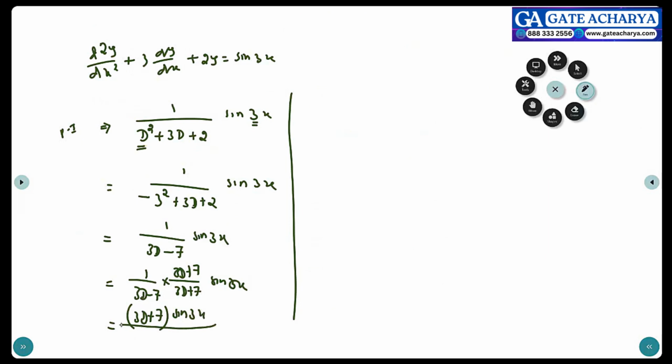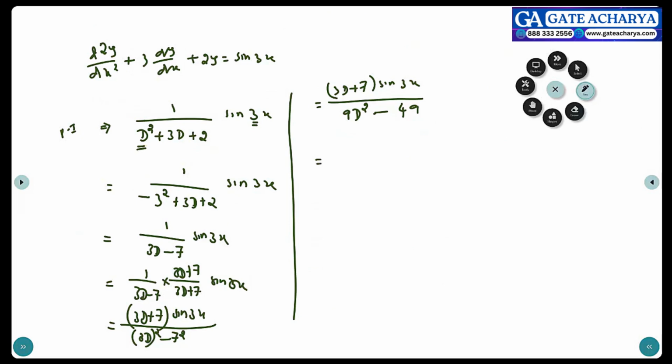3d plus 7 times 3d minus 7 is a plus b, a minus b, which is a square minus b square. So 3d whole square minus 7 square. Now it becomes 3d plus 7 into sin 3x divided by 3d whole square, which is 9d square, minus 49.